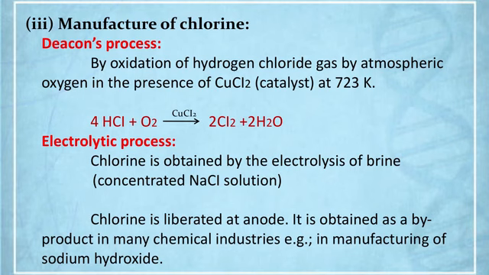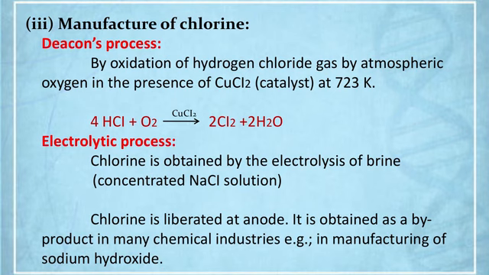Manufacture of chlorine when required on a large scale, the industrial method. We can follow two methods, the Deacon process and the electrolytic process. What is the Deacon process? Students, you have to remember this. It is the oxidation of hydrogen chloride gas by atmospheric oxygen in the presence of cupric chloride.